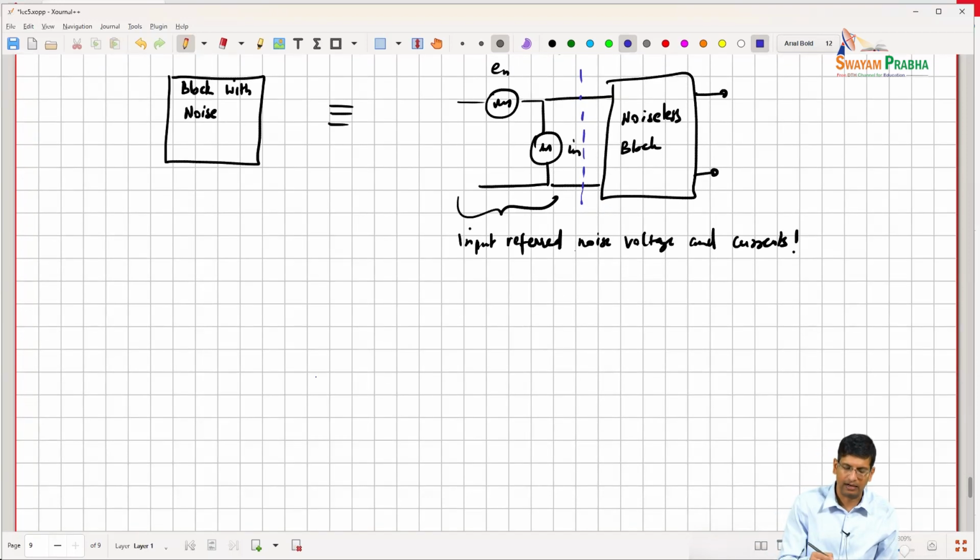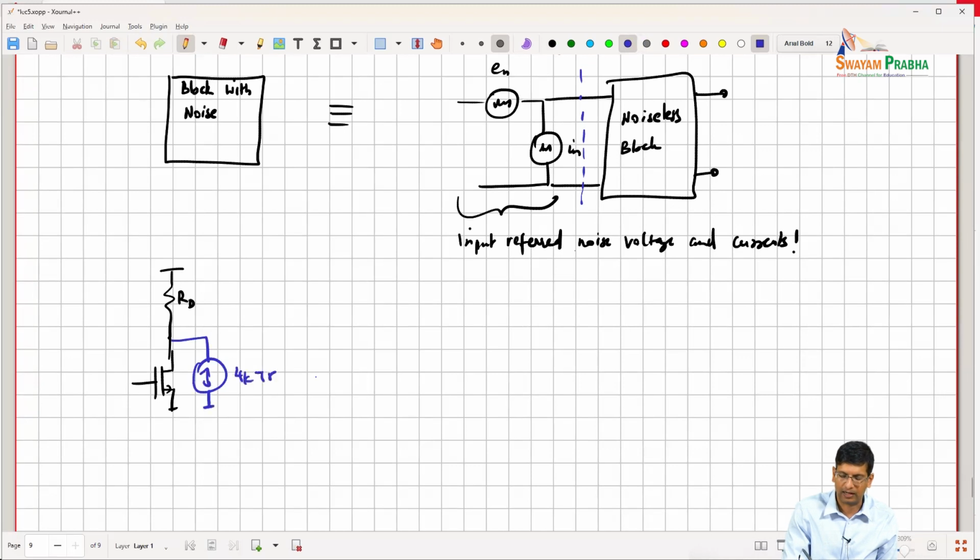One key insight into noise modeling, I'll just highlight here. We know that if I have a MOSFET, let's say just a simple analysis with just a resistive load. Let's assume that there is no other source of noise other than the 4kT gamma gd0 noise, that is the i_nd squared noise.